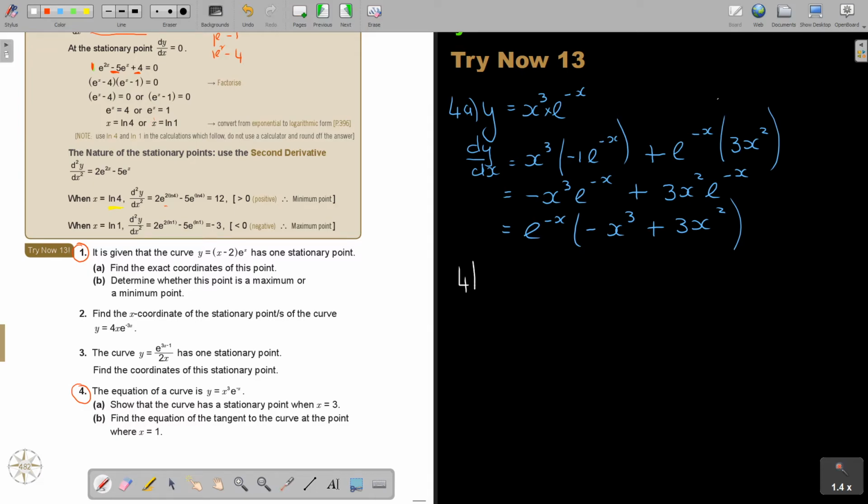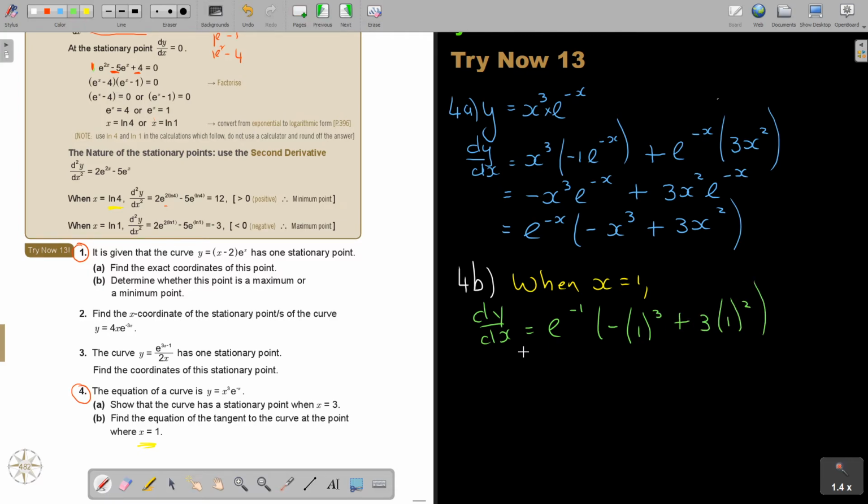And I say 4B. So I say when, because they tell you when x is 1. So when x is 1, dy by dx equals e to the negative 1, times negative 1 to the power of 3 plus 3, 1 squared, close the bracket.